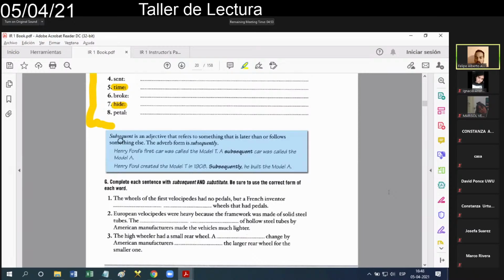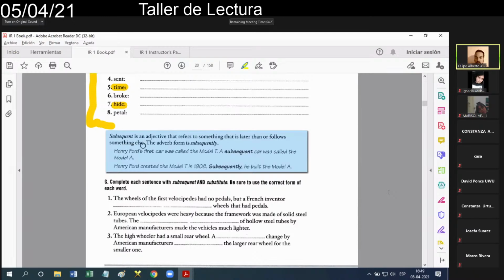Subsequent or subsequent, both are correct. Subsequent is an adjective, and it refers to something that is later than or follows something else.